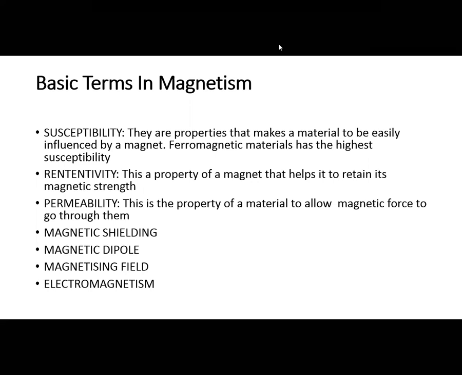And we also have what we call the magnetic field. Magnetic field is the region in which the force of attraction is being felt. Okay, so if I take this metallic substance, sorry for using the stapler, I'm just using it to represent my magnet. So this is my bar magnet.